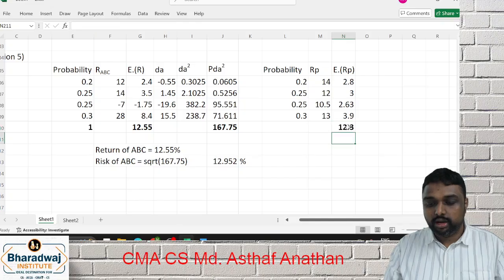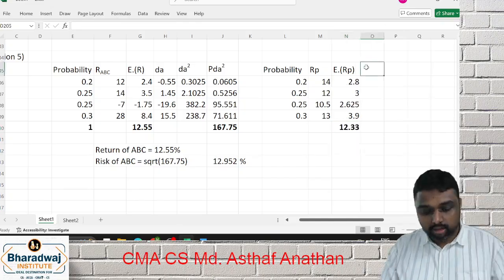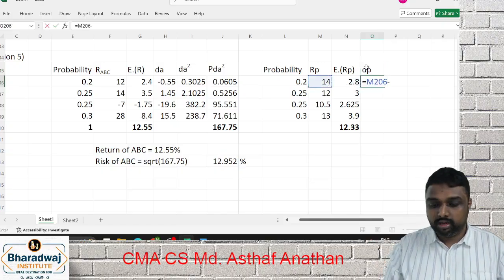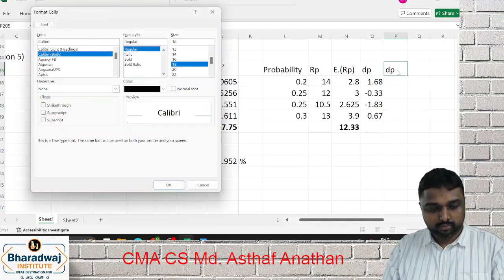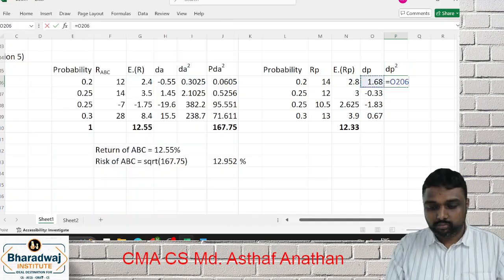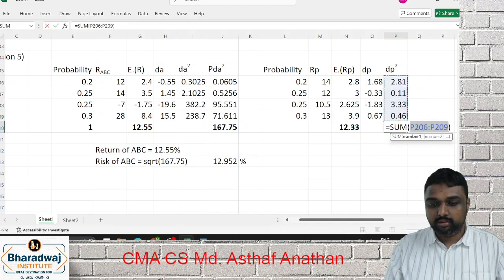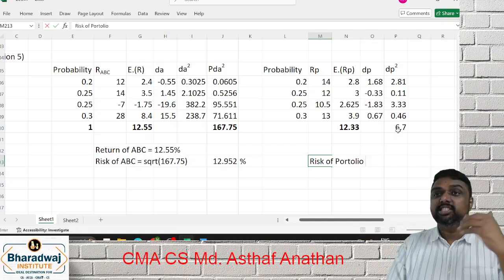Now, if you want to get the risk of portfolio, same thing, deviation. How can you do it? Return minus R. This is how you can. Deviation is there, you have to take the summation. Now you have to go for the risk of portfolio consisting of equal weight, that you can write.